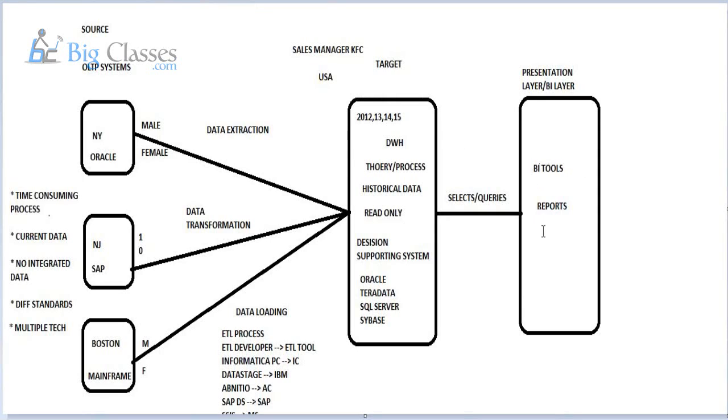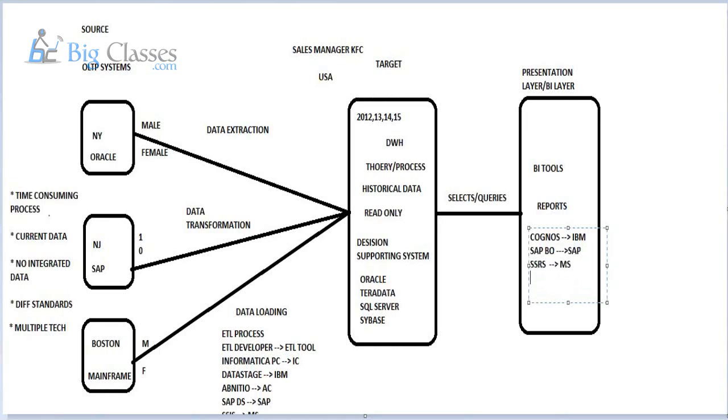When I say BA tools, we have many BA tools in the market. Cognos is a popular BA tool, SAP BO, SSRS. Cognos is from IBM, SAP BO is from SAP, and SSRS is from Microsoft.